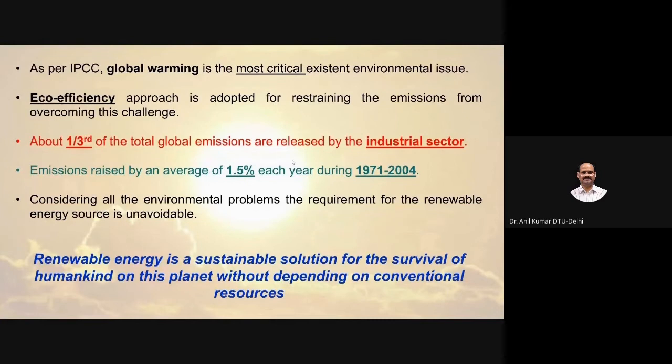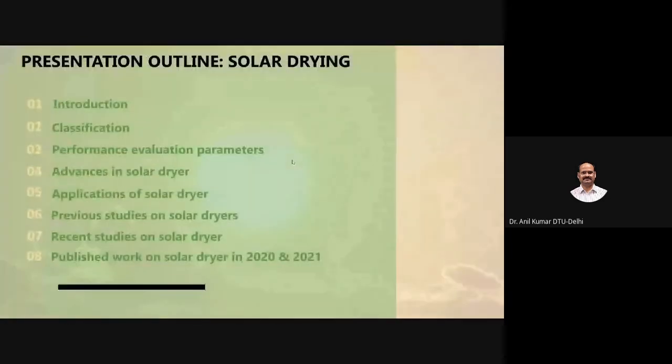Although this is an old figure, 1971 to 2004, the emission rate is still not less than 1.5%. This was all to say how drying operations in industry can be replaced with solar energy.